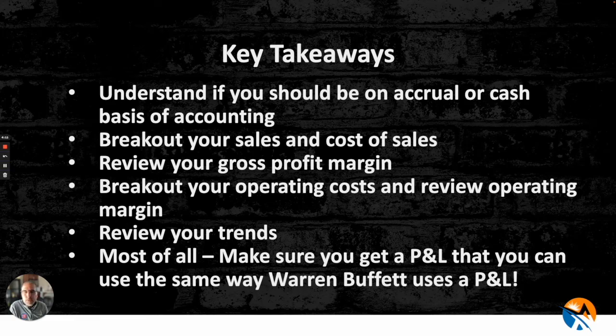Break out your sales and cost of sales into major categories that make sense, and review your gross profit margins by these major sales categories. Break out your operating costs and review your operating margin, and review your trends. Most of all, make sure that your P&L can be used in a useful way to run your business and allow you to dive in deeper to things that don't meet your expectations.